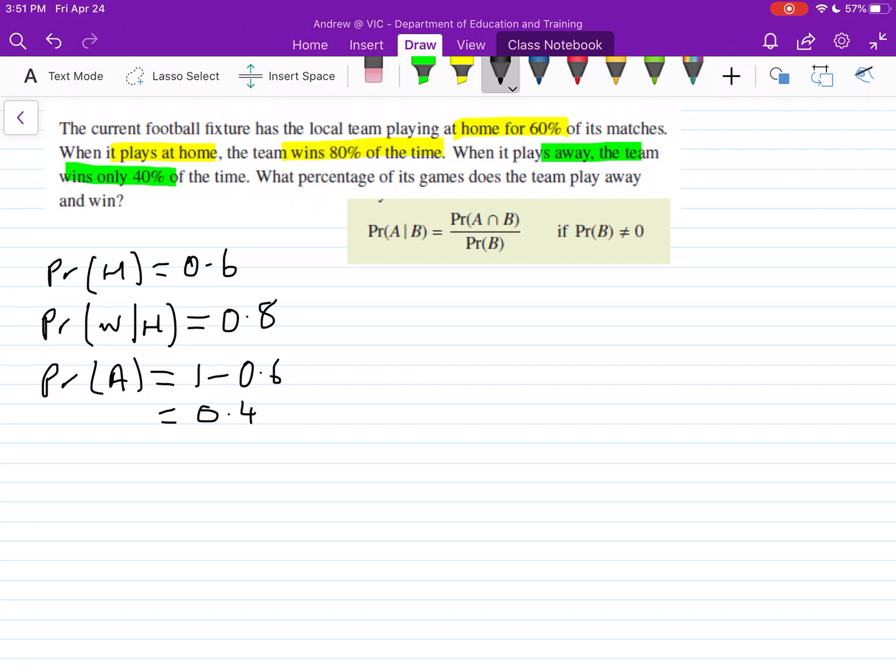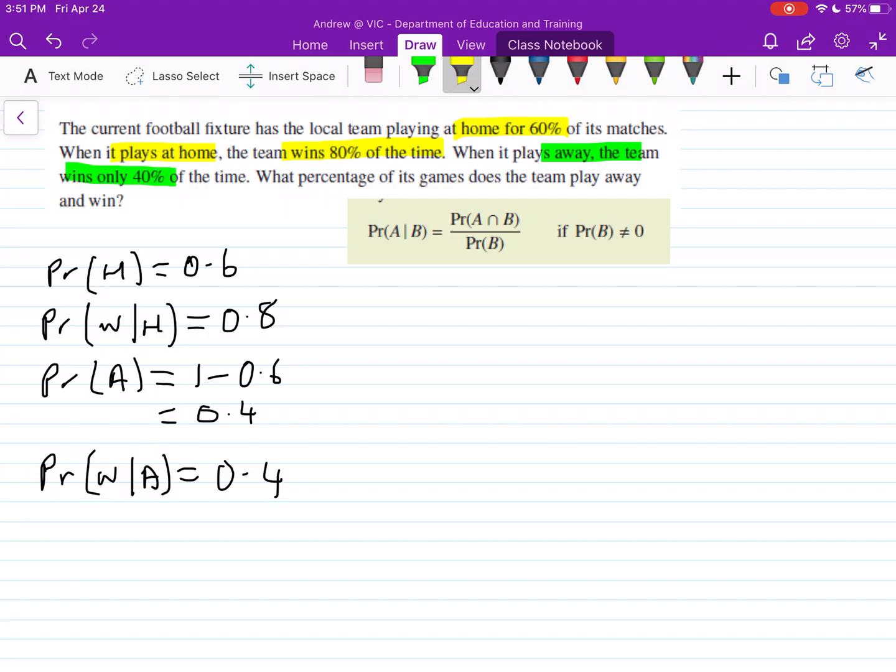And then this bit that I just highlighted, when it plays away, the team wins only 40% of the time. So this here is the probability that they win given that they're away. This is 0.4 as well.